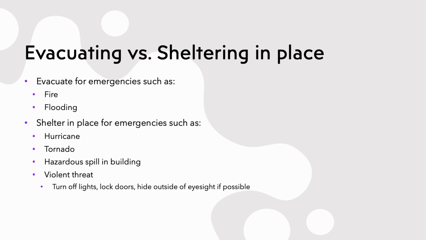Obviously, though, with evacuating and sheltering in place, it's really going to be on a case-by-case basis. You're just going to have to evaluate the situation and decide what is the safest option for you and your family or the children in your care at a learning facility.